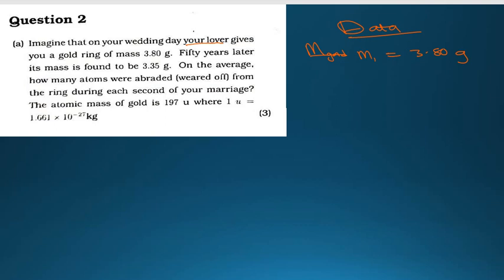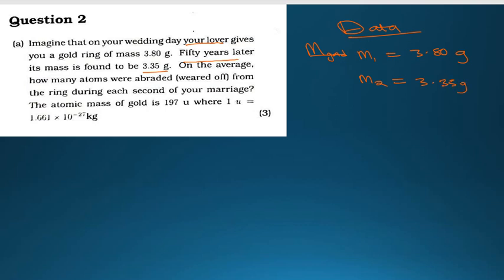What else have you been given? You have also been given M2. 50 years later, since your sweetheart gave you this, the mass was found to be 3.35 grams. So you can see that there is a deduction. Some mass was lost.